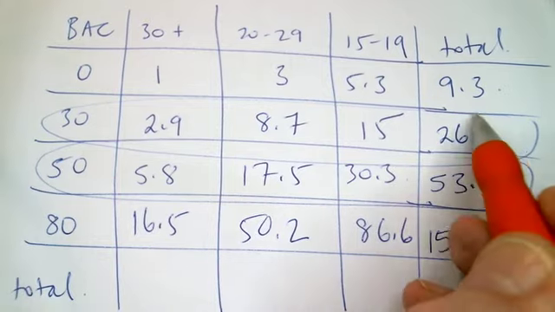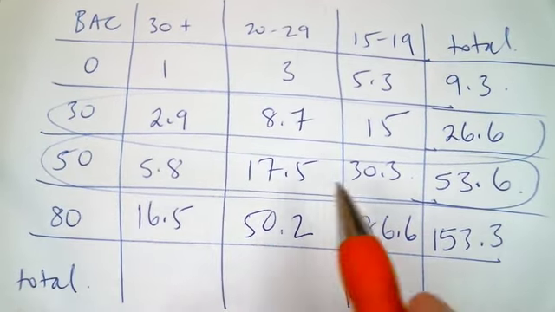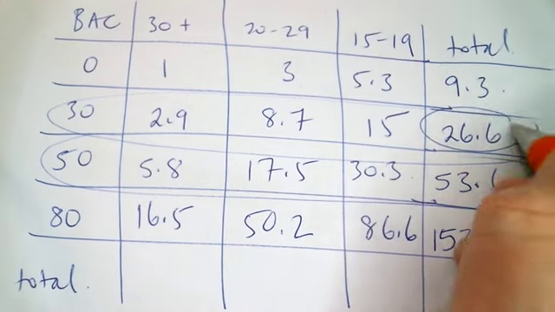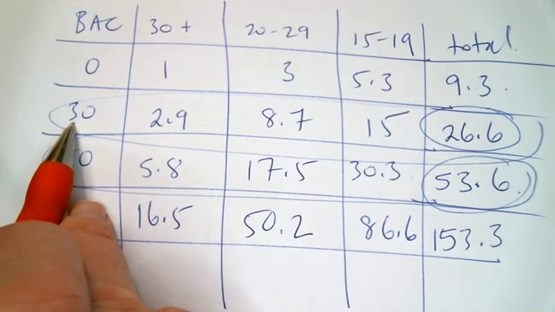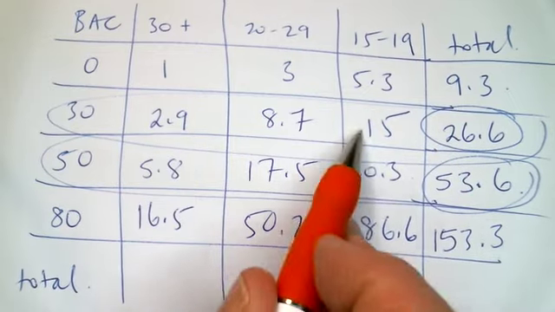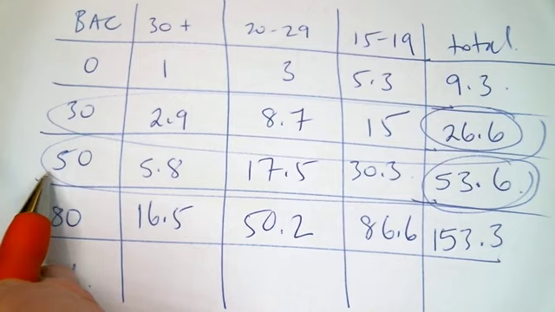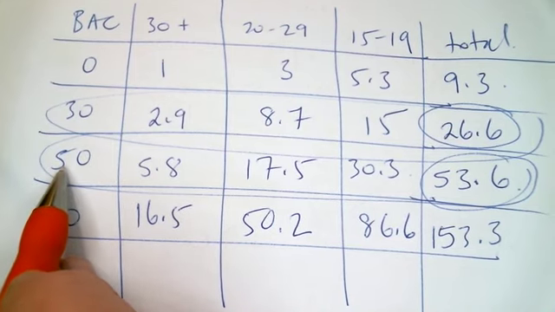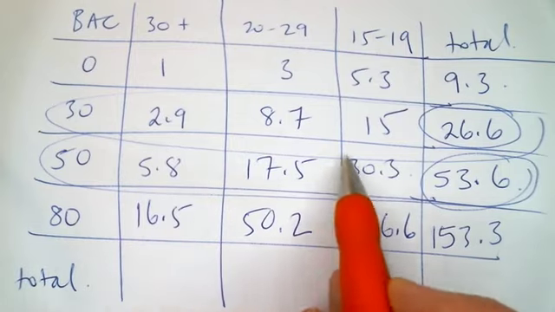And I've got my 30 table compared to my 50 table. All I've done here is create a total for the 30 blood alcohol content, or 30 milligrams per 100 milliliters of blood. The total there, just adding these up, is 26.6. The total for a blood alcohol content of 50, adding up the three different age groups, is 53.6.